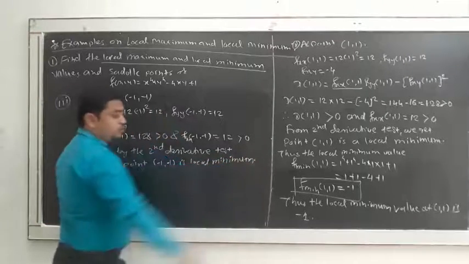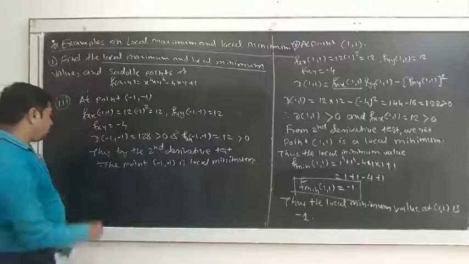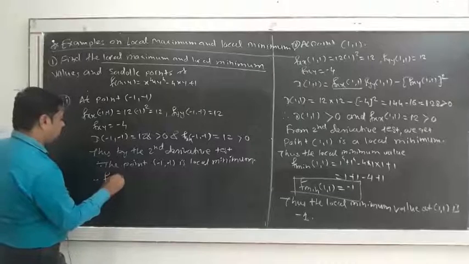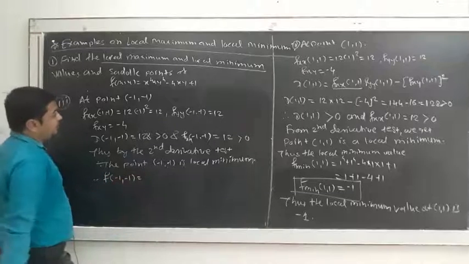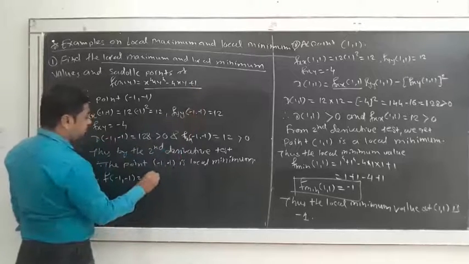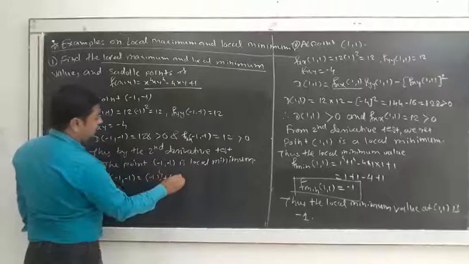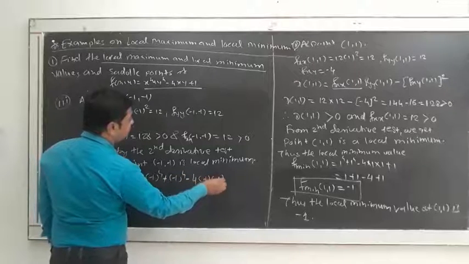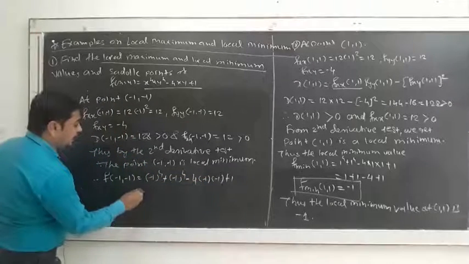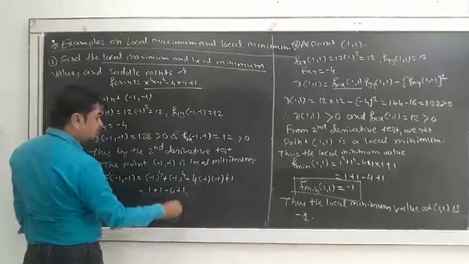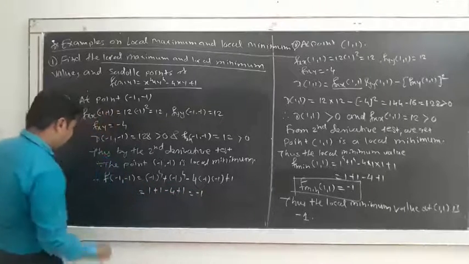It is a local minimum, and therefore what can we write? f(-1, -1), you can find again by putting the value: (-1)^4 + (-1)^4 - 4(-1)(-1) + 1, and it is again 1 + 1 - 4 + 1, which should be -1.